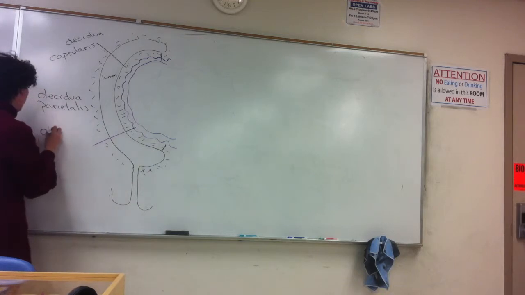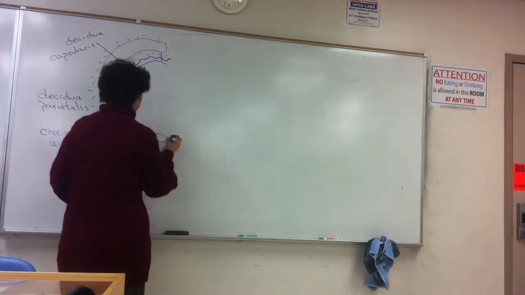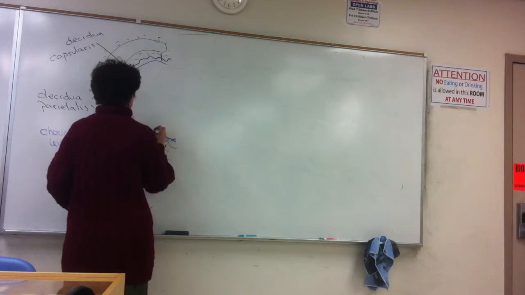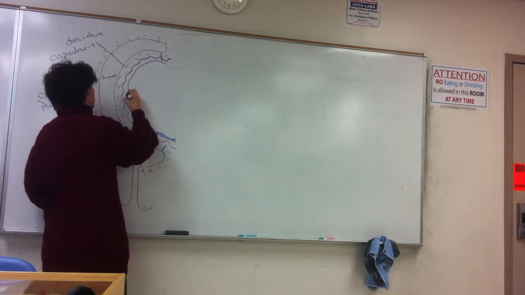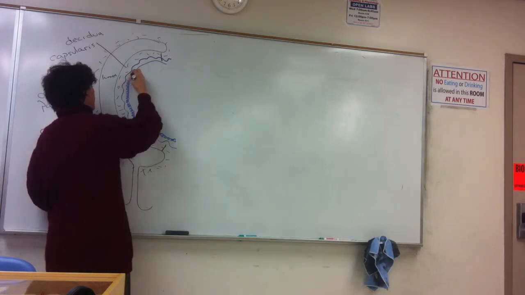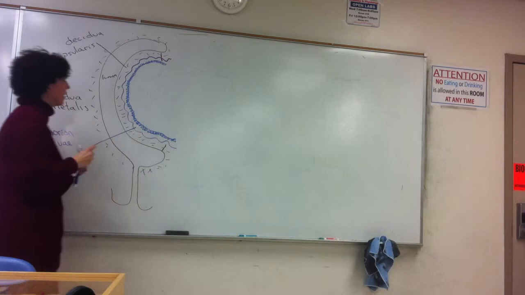This would be the chorion laeve. Syncytium with cytotrophoblast cells, though there aren't as many as this because they get fewer and fewer as pregnancy goes on.